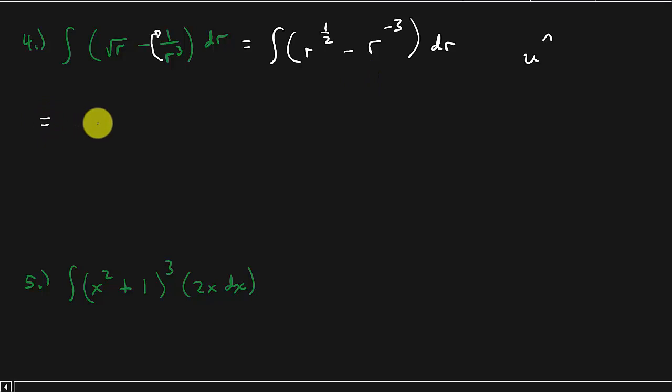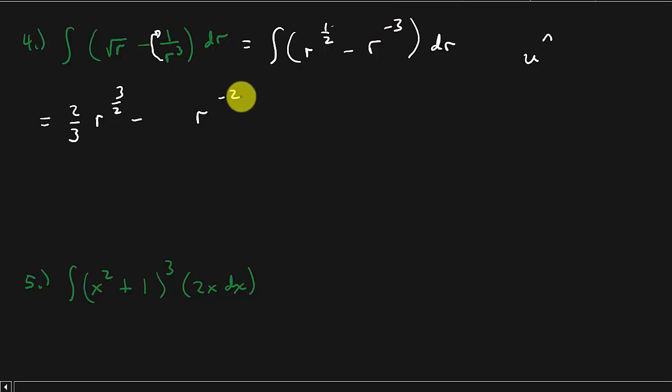And so what do we do? Well, we add 1 to the exponent. So 1/2 plus 1 is 3/2. And then multiply by the reciprocal of your new exponent, which is 2/3, minus, writing the minus sign down. And then I've got r, and I have to add 1. So -3 plus 1 is -2.